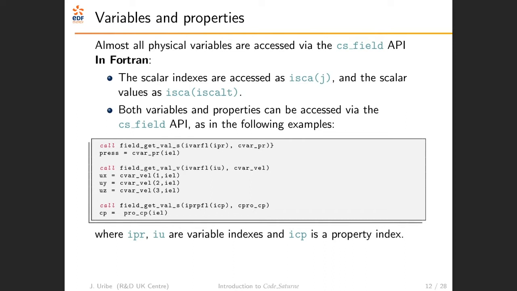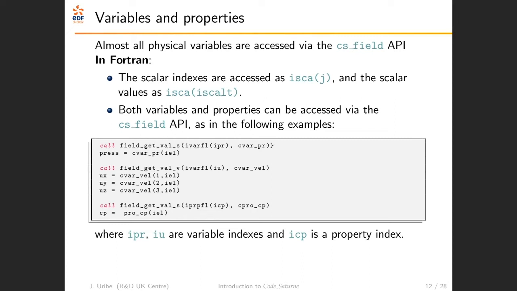So all that extra information that is needed is stored in the field. So you can access a field, and you can access much more than just the value of that variable in the cell center. And that's where we have their own API.